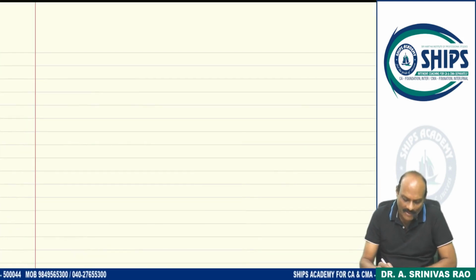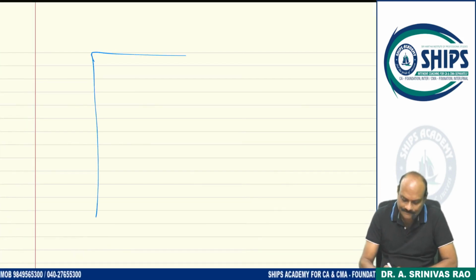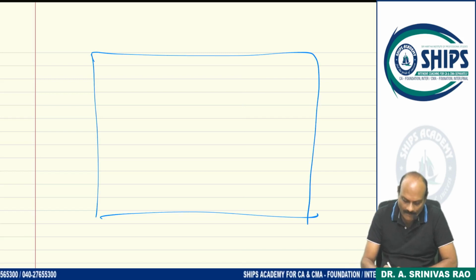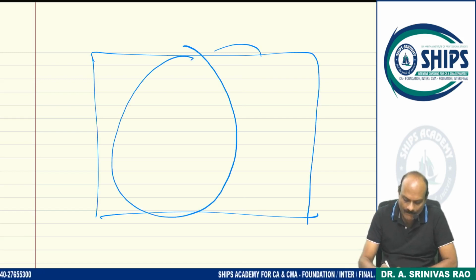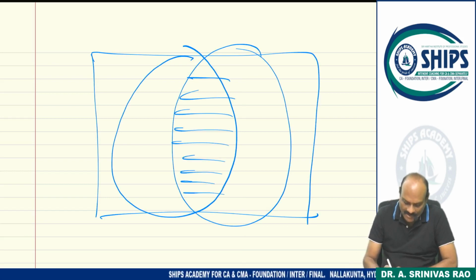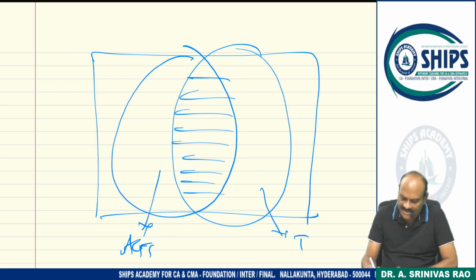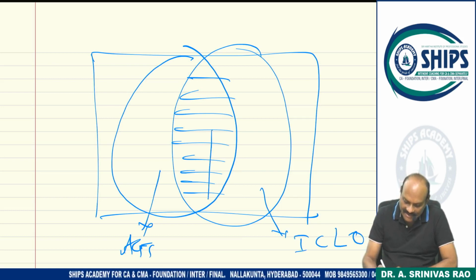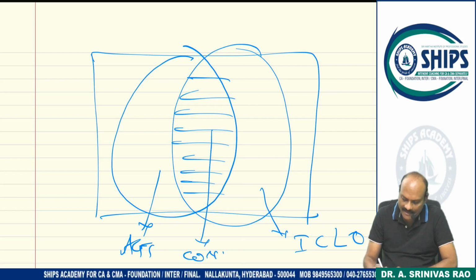So finally, you can conclude in such a way. This is an agreement, one set. The other set is intention to create a legal obligation. The intersection point is called contract.